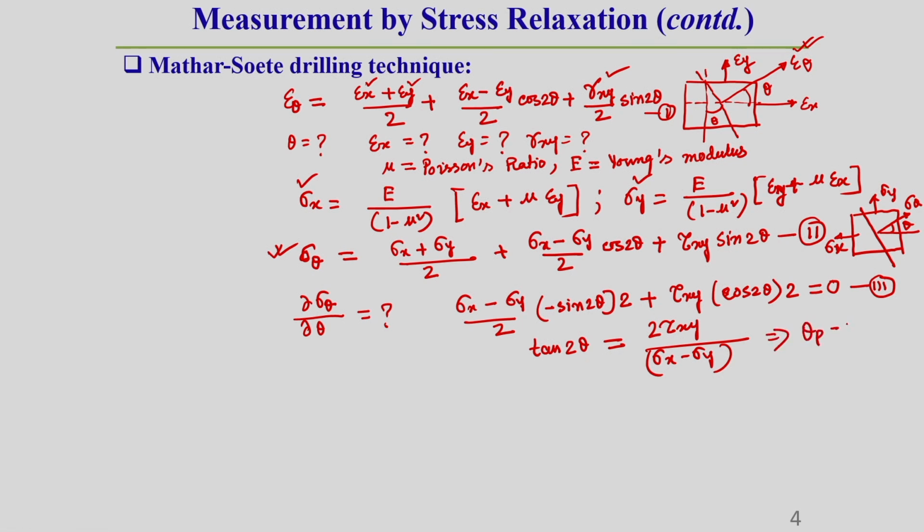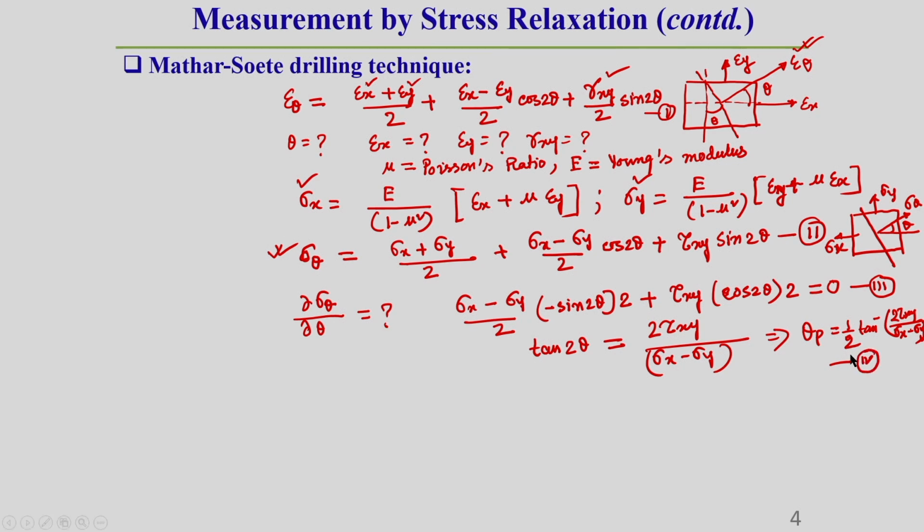I am writing it here as theta p, that means theta principal. This will be half of tan inverse of 2 tau xy divided by sigma x minus sigma y. This is the direction of principal stress, which I am showing in equation number 4.